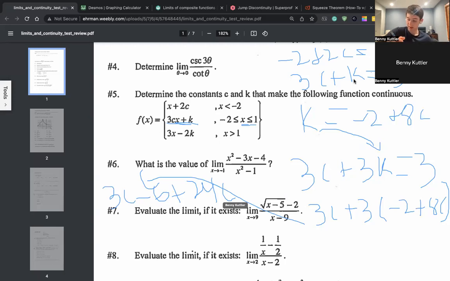And that all equals 3. So now we combine like terms and we have 27c equals, we'll move this -6 onto the other side here. So now we'll have 27c equals 9, and c equals 9 over 27, which is just 1/3.